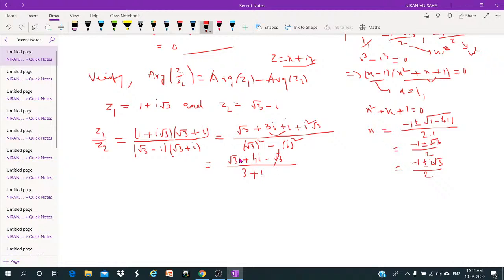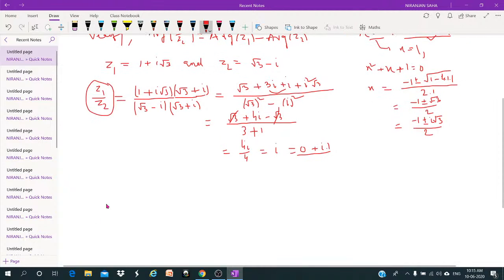So the root 3 terms will vanish, same and opposite. We will get 4 iota by 4, so this becomes simply iota. We can write 0 plus iota 1. In this form, this complex number is expressed.